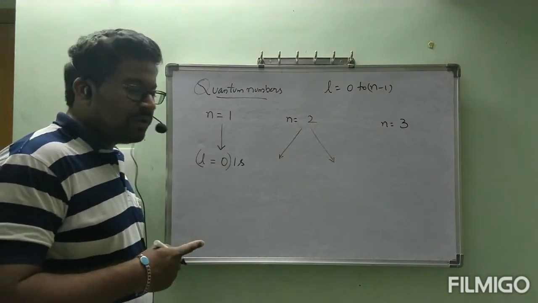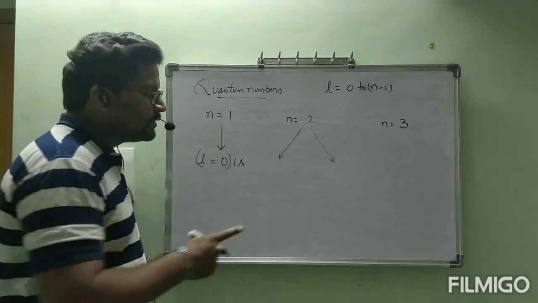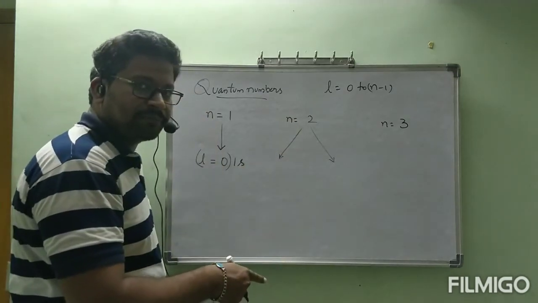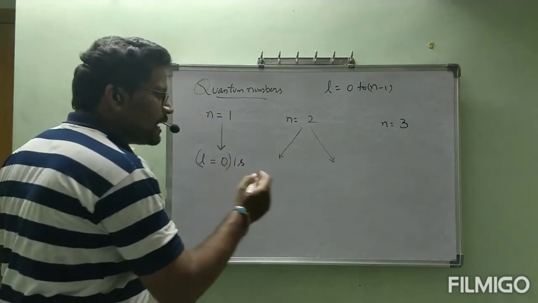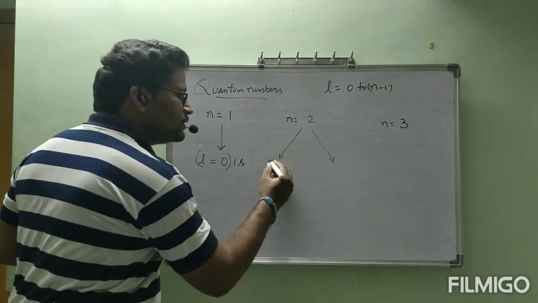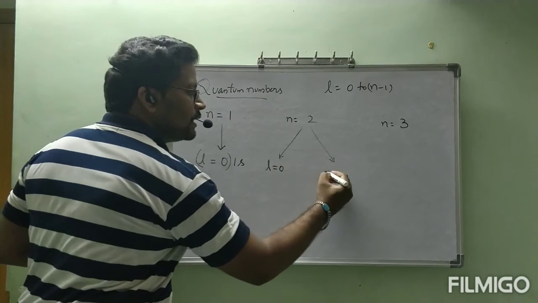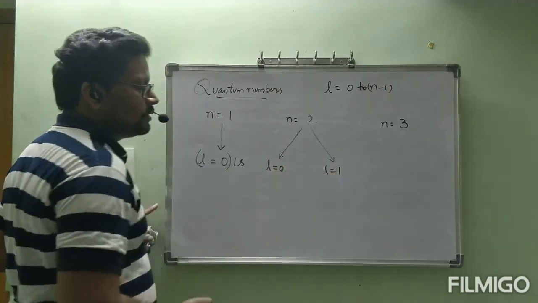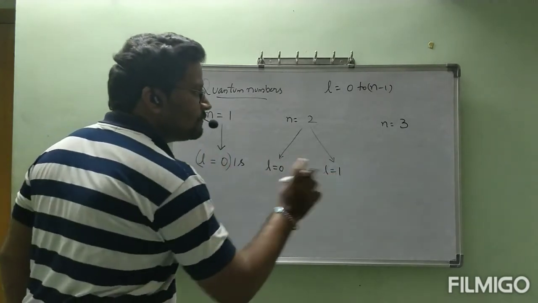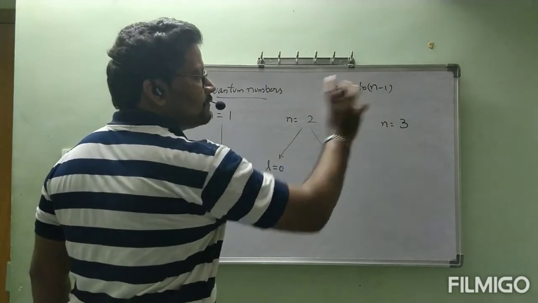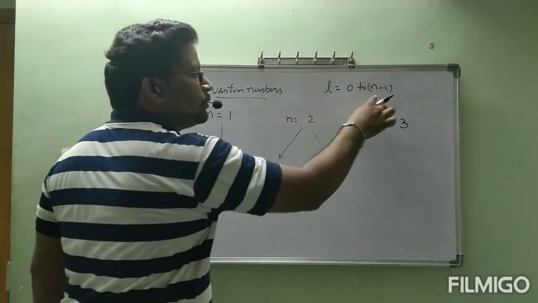This one already we know. N is equal to 1 has one subshell. N is equal to 2 has two subshells. These two subshells are represented by L values. L is equal to 0 and L is equal to 1.